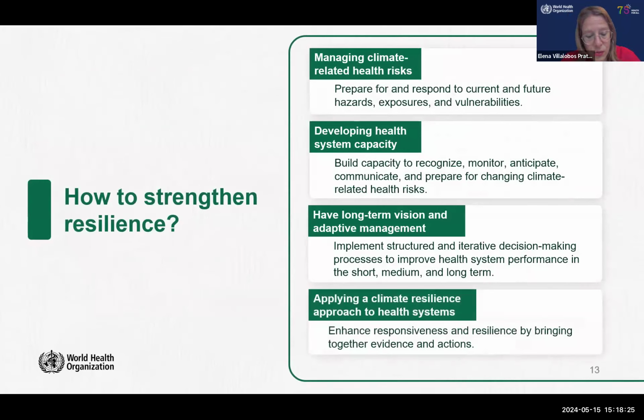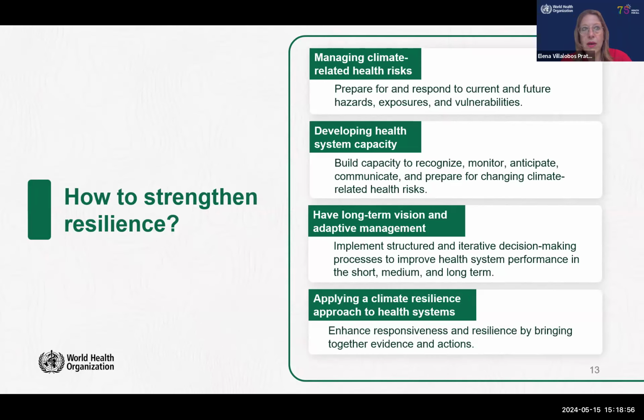When countries work at health system level and aim to prepare these health systems to consider the risk posed by climate change, there are basically 4 approaches that they need to implement. Of course, this is a risk management approach, so they will have to implement that. They will have to understand which capacities are related to climate change.